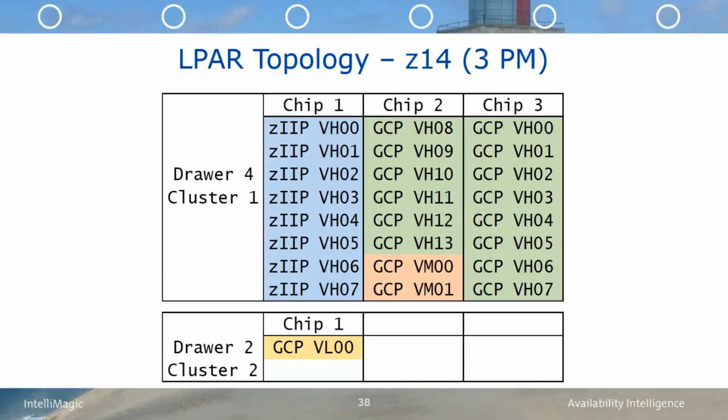But again, all the GCP, vertical highs and vertical mediums, are still co-located in close proximity. Again, same drawer, same level 3 cache. Only the home location of the vertical low is elsewhere, but vertical lows can be dispatched anywhere based on the location of the donor LPAR, and in any case it's likely to represent a very small workload.